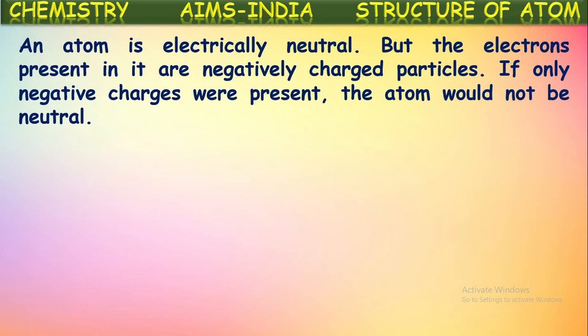An atom is electrically neutral, but the electrons present in it are negatively charged particles. So if only negatively charged particles were present, the atom would not be neutral. After the discovery of electrons, this doubt arose. At the start it was proved that atoms are electrically neutral, but later they discovered particles inside the atom with negative charge, that is, cathode rays.